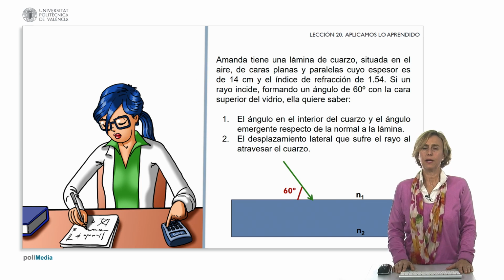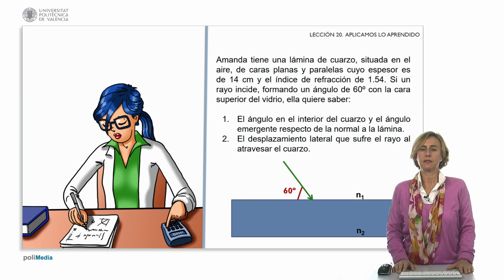Well, now what Amanda is asking us is what deflection a beam will suffer when it is incident on a parallel plane sheet. Amanda encounters a quartz sheet and she has several questions. Let's see. Amanda has a quartz sheet, located in the air.